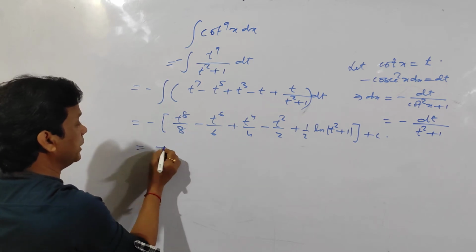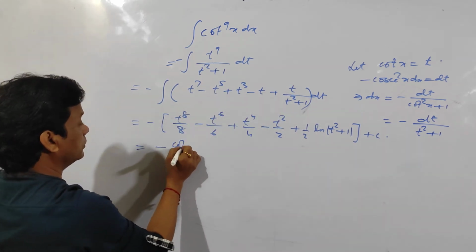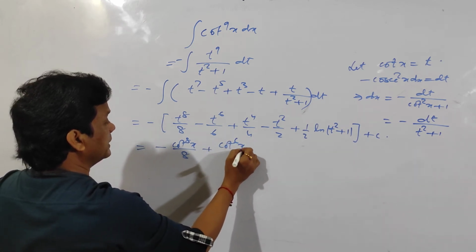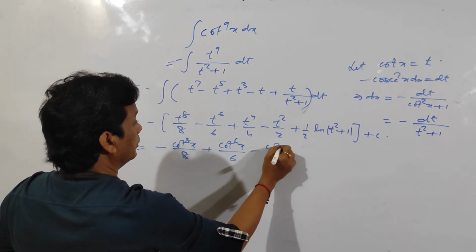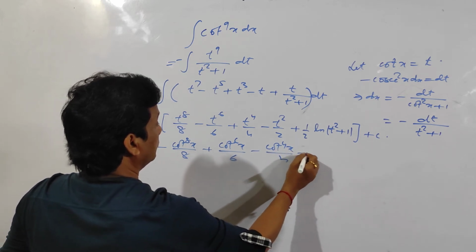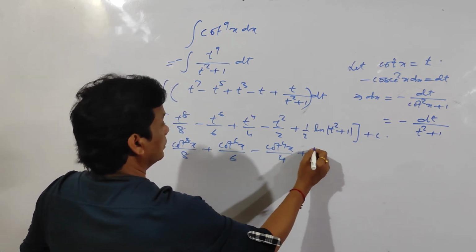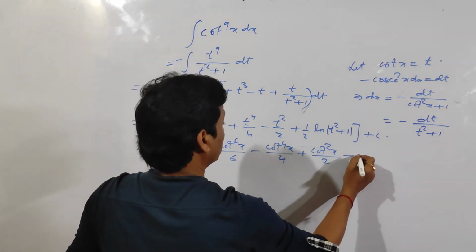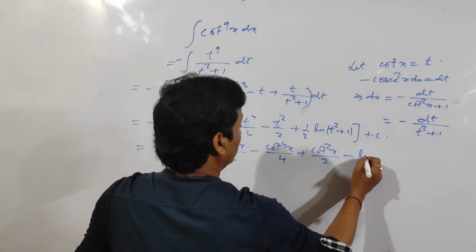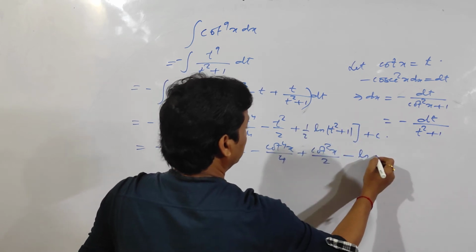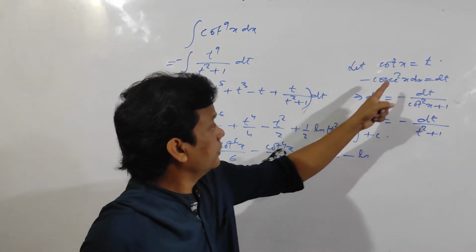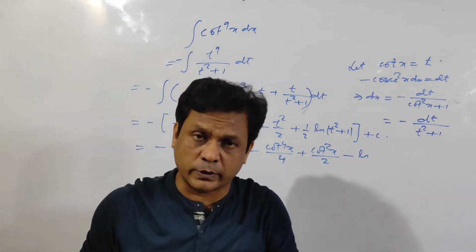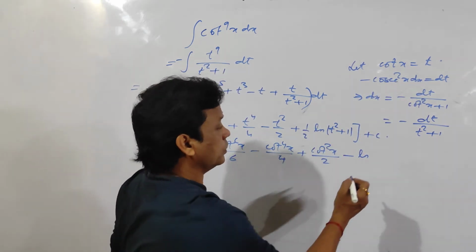And multiply minus into t, right: cot 8x by 8 plus cot 6x by 6 minus cot 4x by 4 plus cot square x by 2 minus ln of, I am taking half to the power, so 1 plus t square, and 1 plus t square means 1 plus cot square x. 1 plus cot square x is cosec square x, and root over of cosec square x is cosec x.